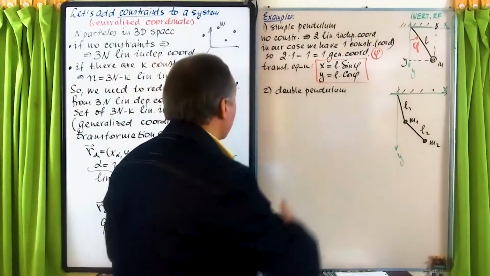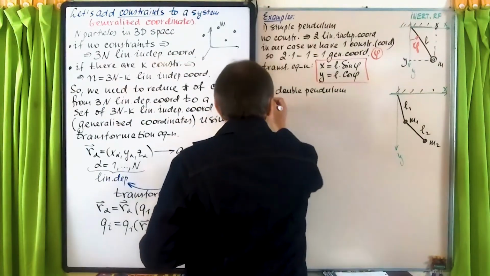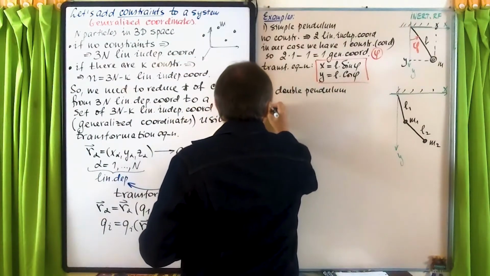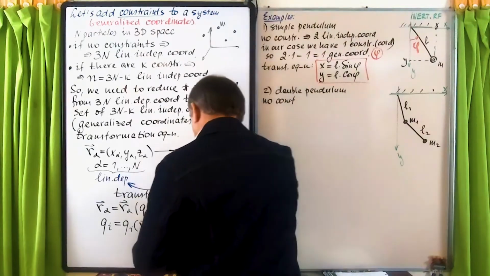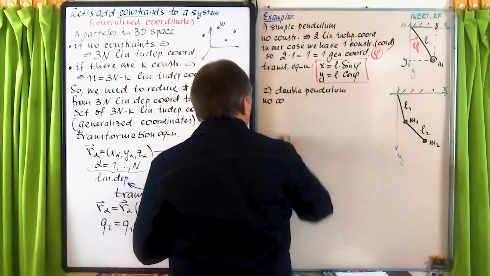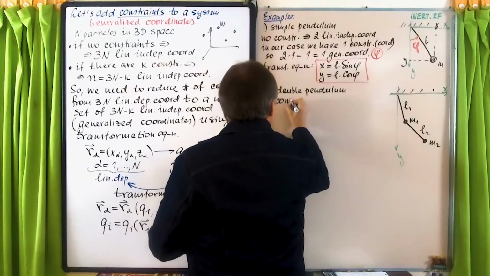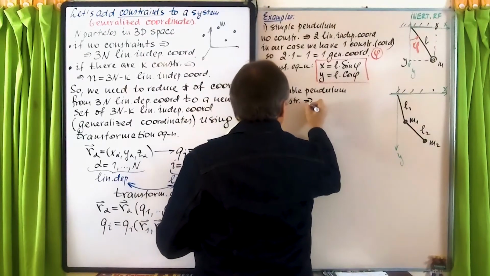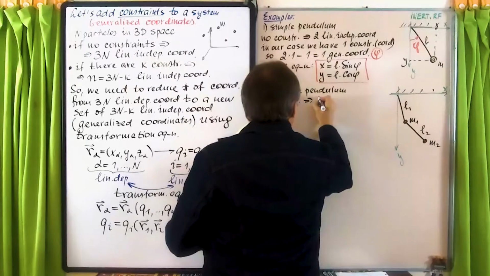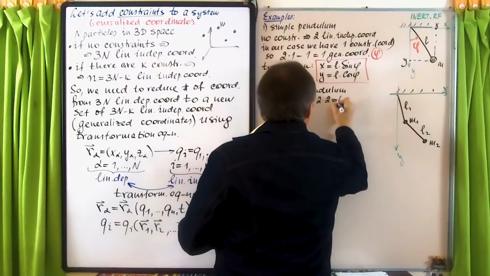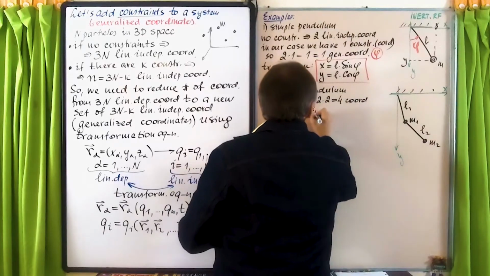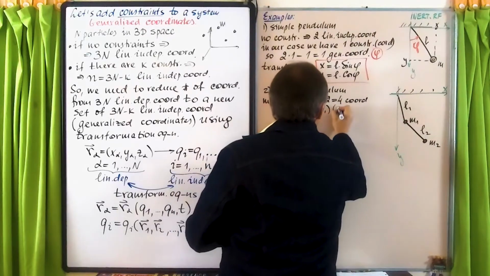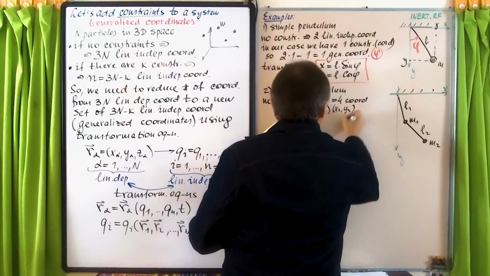Again, let me write it down. If no constraints, then of course you will need 2 times 2, 4 coordinates: x1, y1, x2, y2.